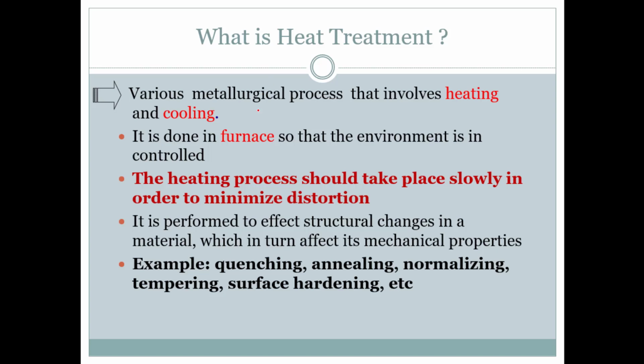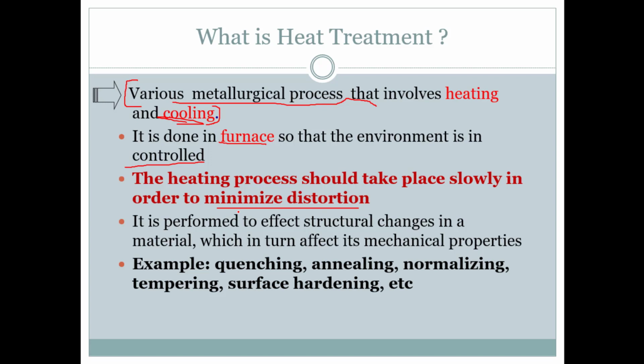Now, what is heat treatment? Various metallurgical processes that involve heating and cooling. It's done in a furnace. Why in a furnace? Because we control the environment of the furnace very accurately. The heating process should take place slowly in order to minimize distortion.